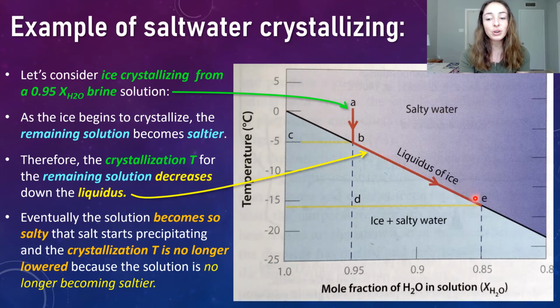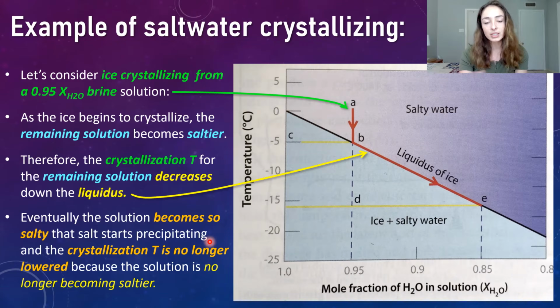And this will continue to go down the liquidus given the temperature continues decreasing until the remaining solution becomes so salty that salt starts precipitating out of the solution, and the crystallization temperature is no longer lowered because the solution is no longer becoming more salty once salt starts actually precipitating out. It's only when salt is dissolved in the water that it keeps lowering the melting or crystallization temperature of that water.